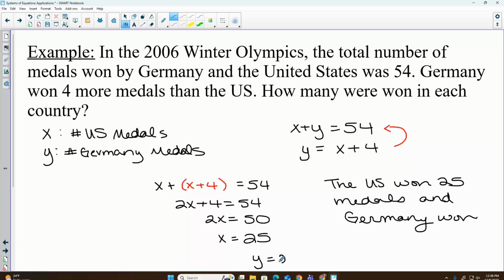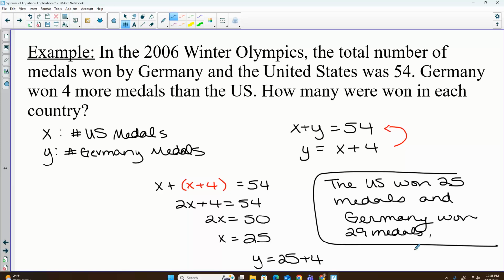Y is x plus 4, so 25 plus 4. Is that one okay?